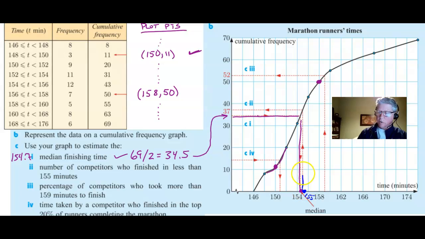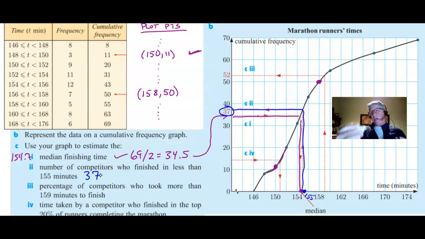So here we're traveling up until we hit the graph, and then we come over and see what number it hits. And they estimate it to be about 37. So 37 people ran at 155 minutes or less.